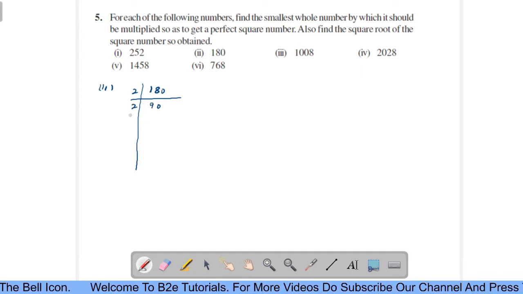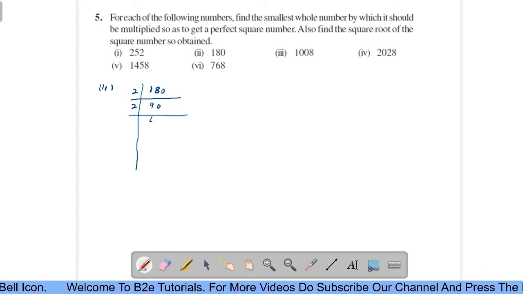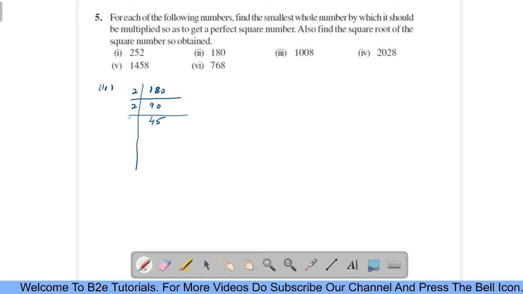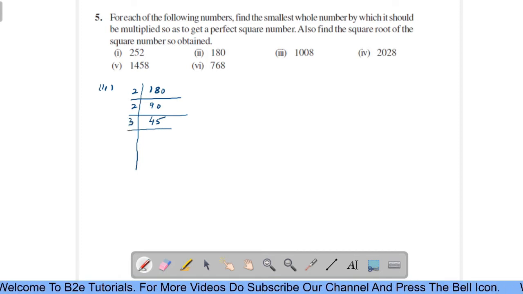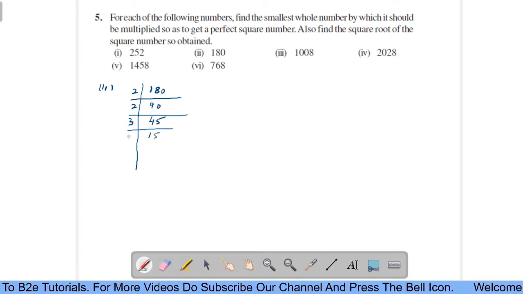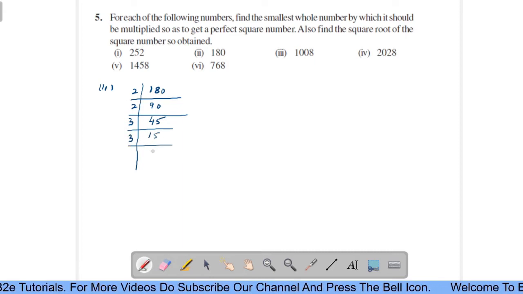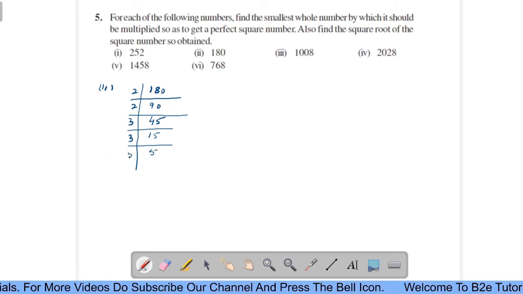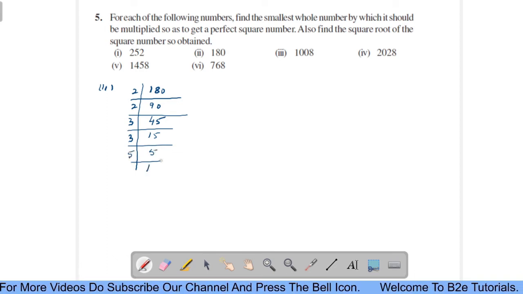Again by 2, you will get 45. Again by 3, 3 1 ja 3, 5 ja 15. Then again by 3, it is 3 5 ja 15, then by 5 you will get 1.